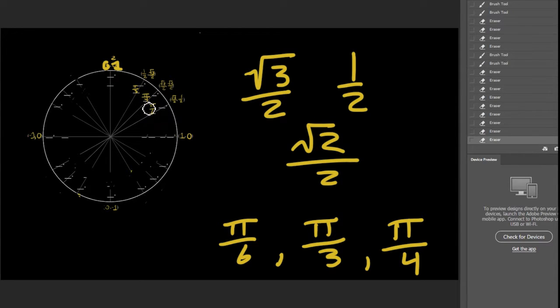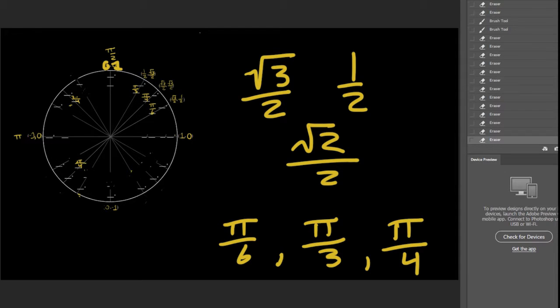The easiest to start out with was pi over 4. That's 1 pi over 4. That's 2 pi over 4, which simplifies to pi over 2. Then you get to the next one, 3 pi over 4, and then you go down. That would be pi, so one semicircle is 1 pi.